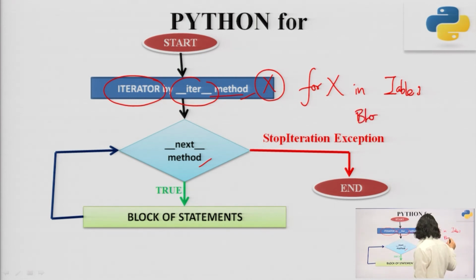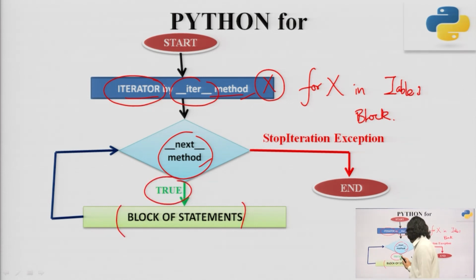Next is a block of code. First you are going to designate the iterator, after that the next method will be called on the iterator, so that the next value of the iterable is fetched, and after that the block of code runs.